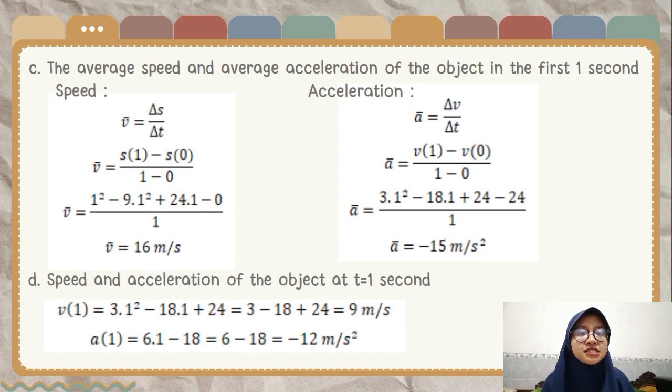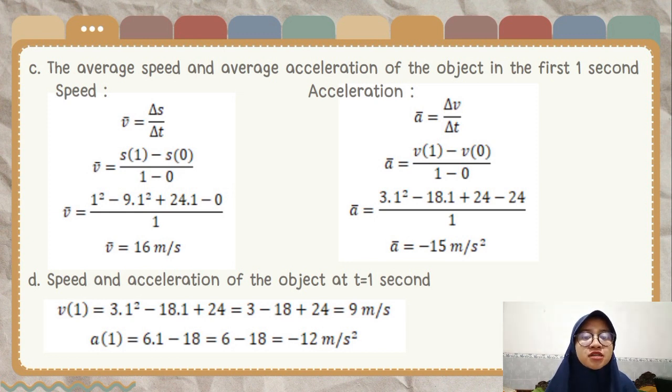c. The average speed and average acceleration of the object in the first 1 second. Speed v bar = delta s over delta t. We get (s(1) - s(0)) over (1 - 0).